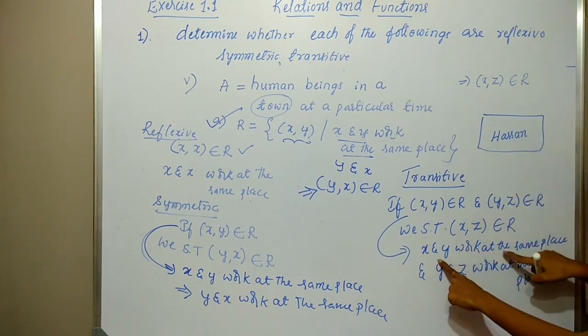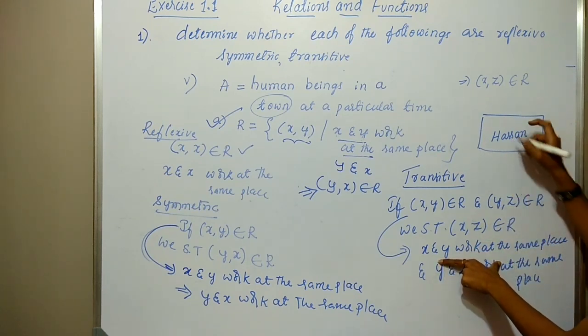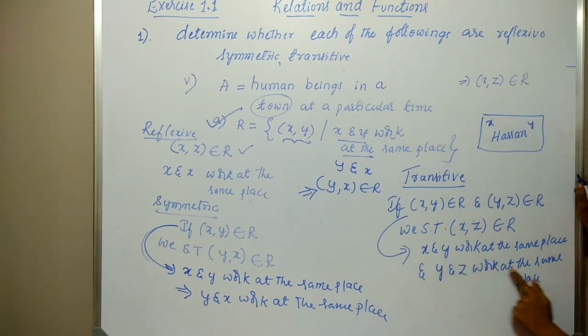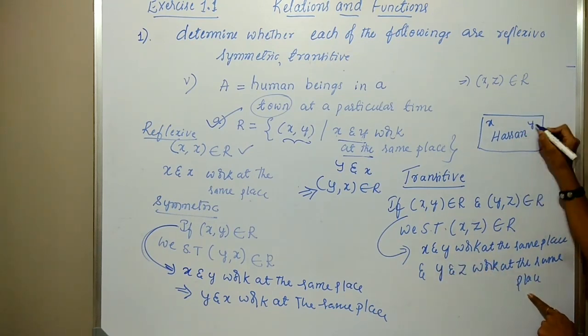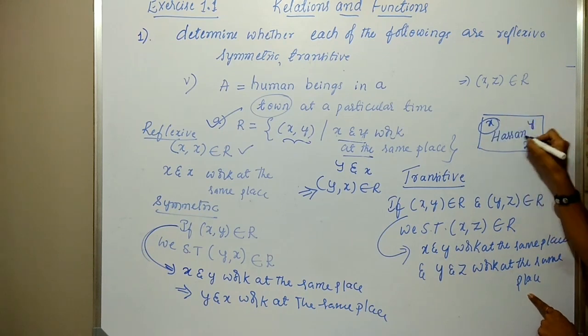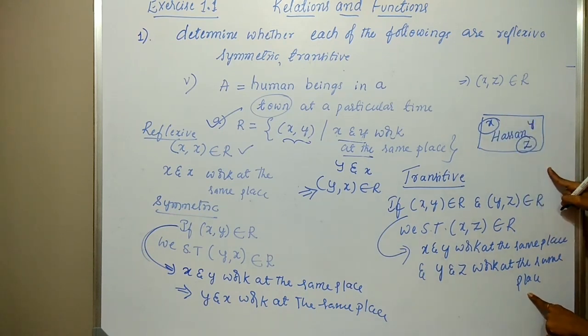If x and y work at the same place, namely Hassan, and y and z work at the same place, here y is already there, so y and z work at Hassan. It means x and z also work at the same place. Is it right?